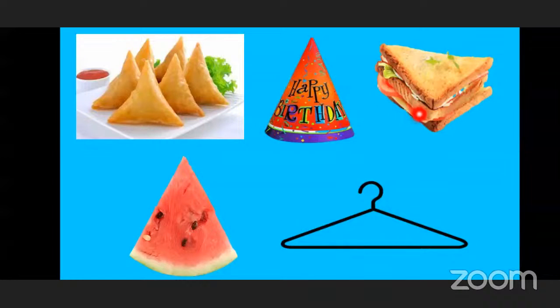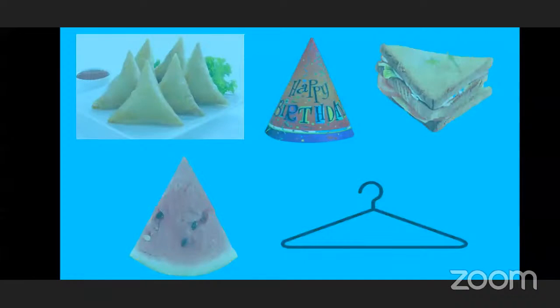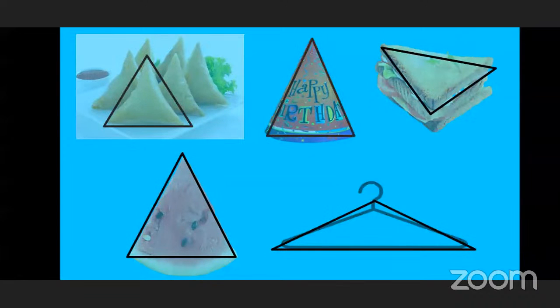Can you tell me what is the shape of all these things? Triangle. Yes, triangle. These things are having triangular shape. But children, if you observe them carefully, you will notice that all the triangles are same or different?